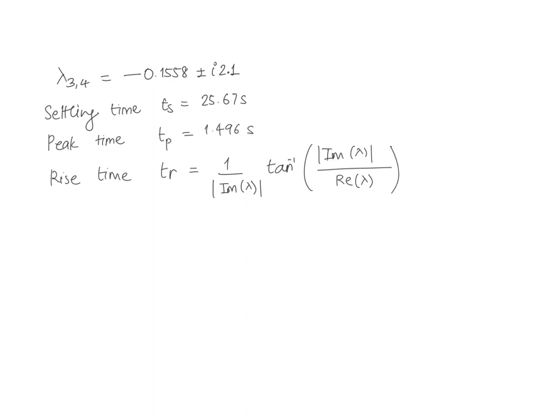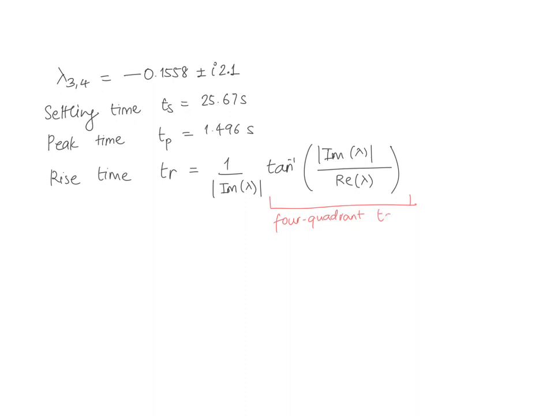Okay, so that's the definition. Now the other careful thing that we need to do here is that this is a 4-quadrant tangent inverse. So tangent inverse doesn't give you a unique answer. You can have two different angles with the same tangent. So we need the 4-quadrant value. The default on most calculators is the 2-quadrant, which is between minus 90 and plus 90 degrees. And if you do that, you're going to get a slightly different and incorrect answer.